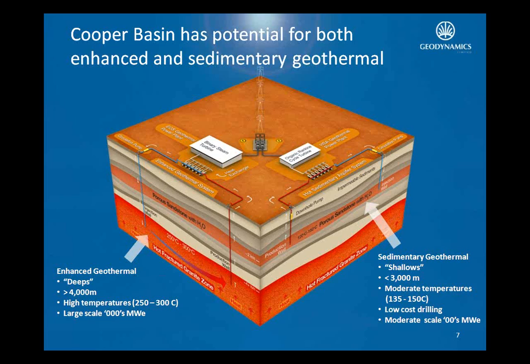On the right hand side of the cube is what we call sedimentary geothermal, or hot sedimentary aquifer type resource. Now, throughout Australia, or throughout all parts of the world, there are porous sandstone reservoirs or layers that have water flowing through them.